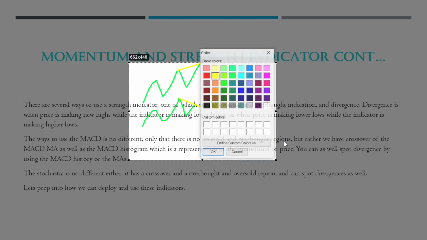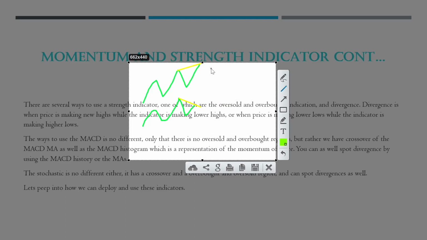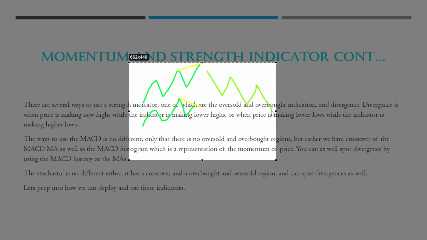Another thing, for a bearish movement, the price is making a series of lower lows like this, but then the indicator will be making a higher low.